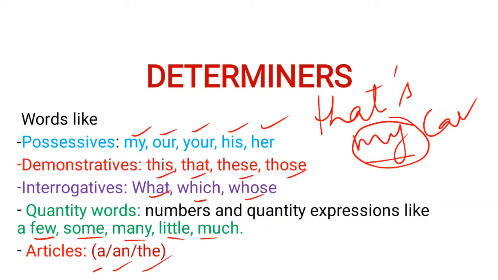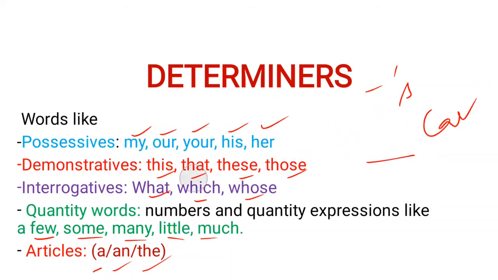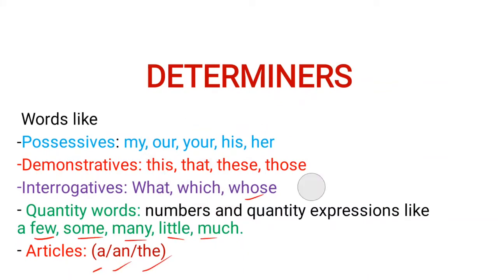Similarly, the words this, that, these, those also act as adjectives. In the same way, the question words or interrogative words what, which, whose act as adjectives. If I ask which team do you think will win the next match, the word which asks for the information about team, and team is a noun.